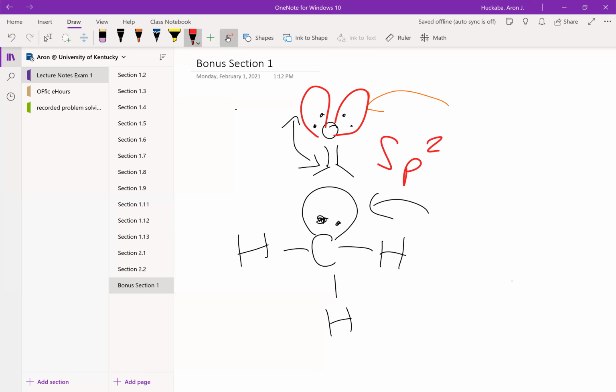But the question remains, what about something where you don't necessarily have sp3 or sp2 characteristics, even when it looks like maybe it should? So here, what we have is what's called pyridine.